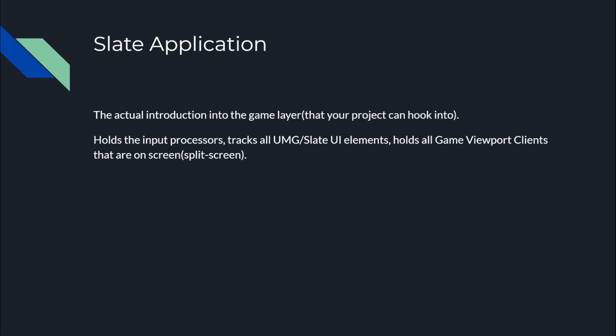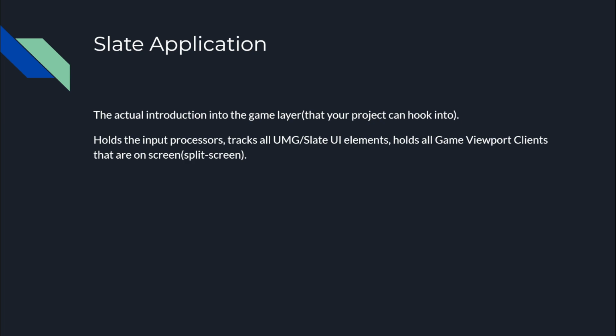This is, as I said earlier, the actual introduction into the game layer that your project can hook into. It holds the input processors, tracks all UMG Slate UI elements just kind of through its programming pattern, so it's not directly tracking them. It's tracking them through widget paths, and that goes into more of a UI explanation.